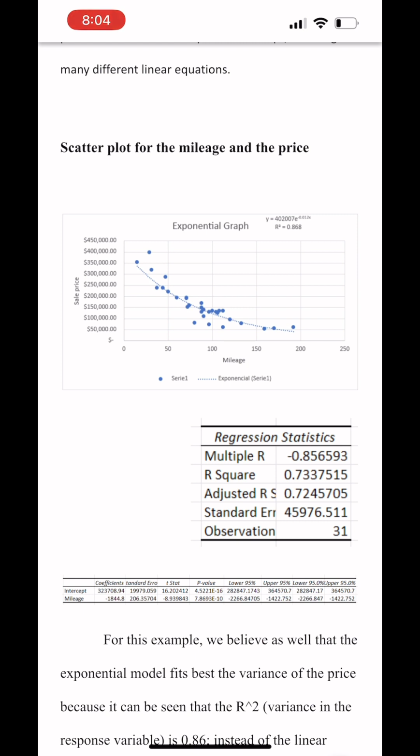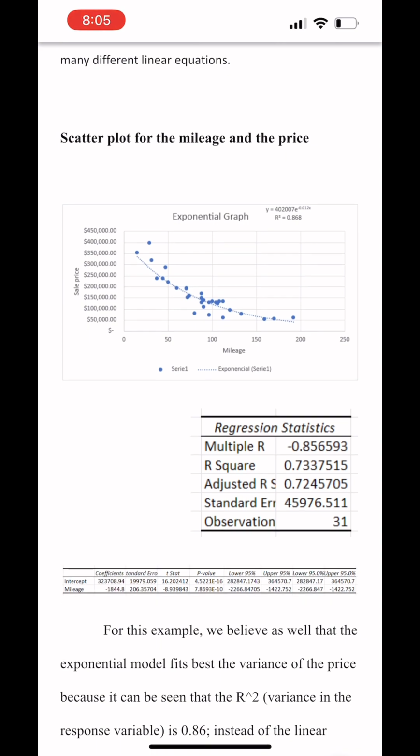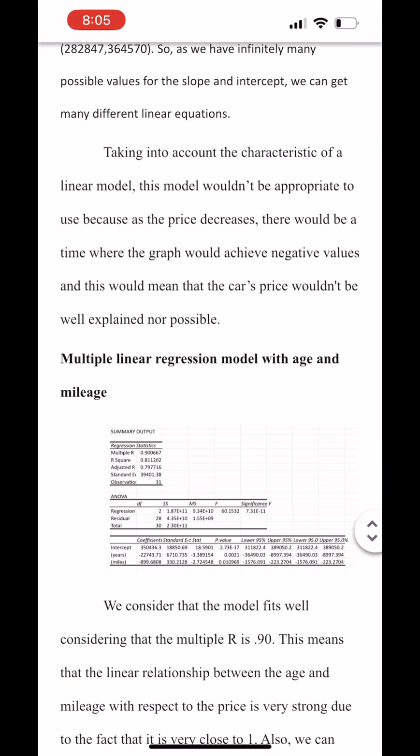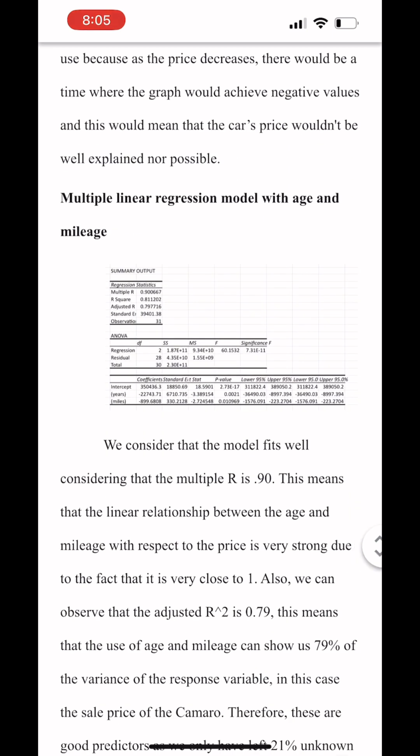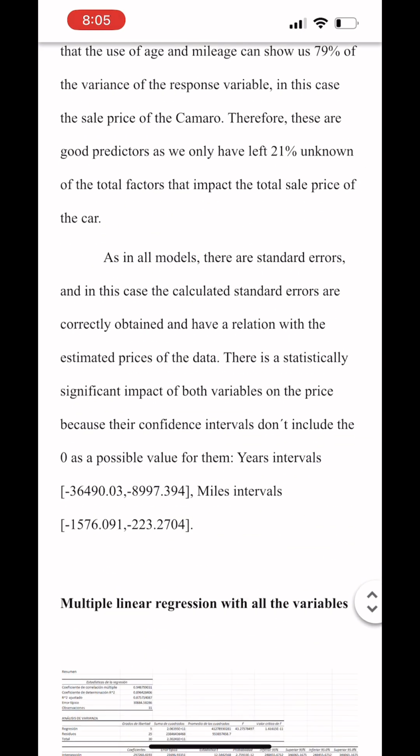To start making assumptions and process the data, we had to start modeling the graphs to have a visual content, and then we obtained the regression statistics, which showed important data that could help us get the assumptions and the correct conclusions. The program we used was Excel, and we started selecting the data we had.